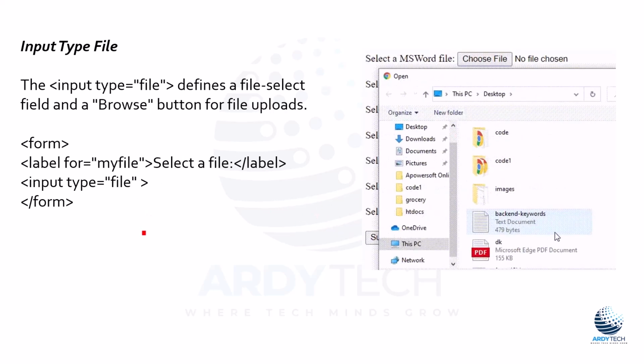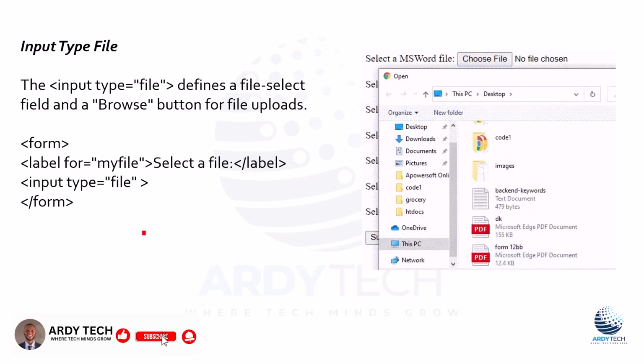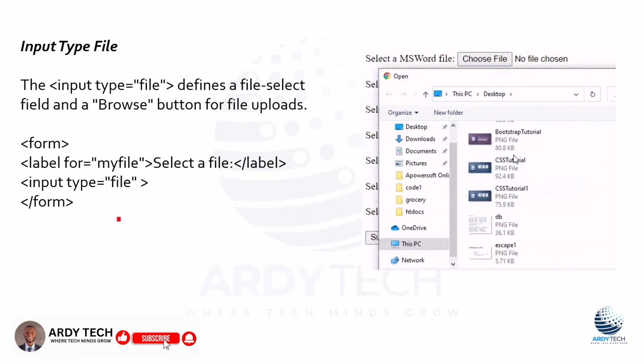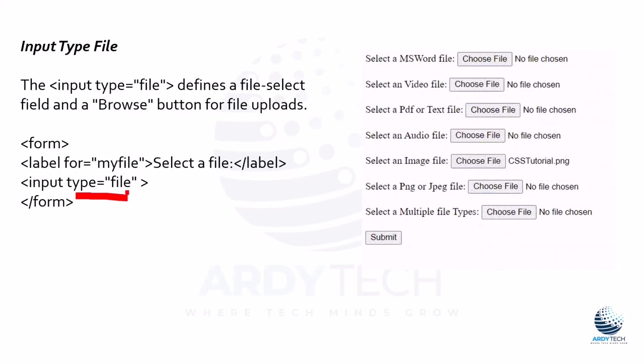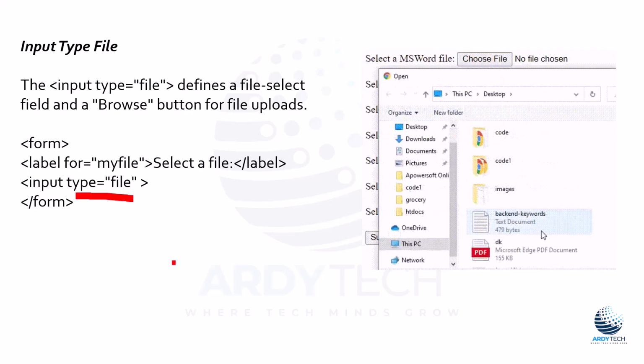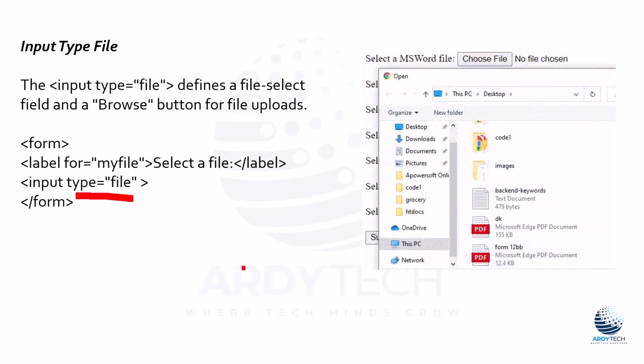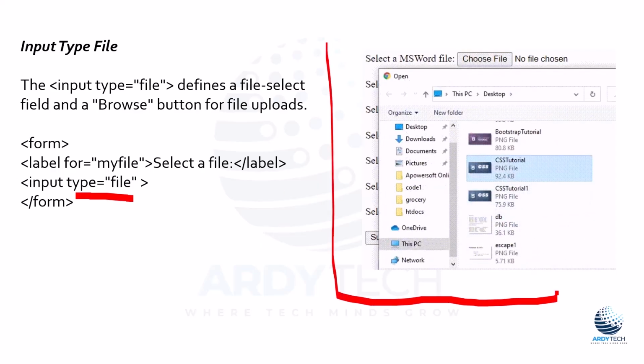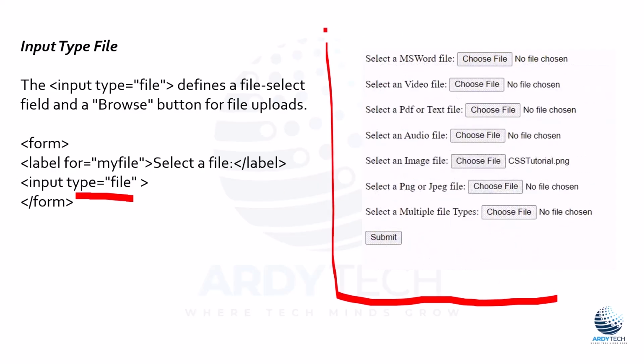Input type file is also very important when we create our forms. The input type file gives the user the ability to upload several files, starting from Word documents, Excel sheets, PDF documents, images, videos, audios, as the case may be. So the user has the ability to enter all sorts of files.